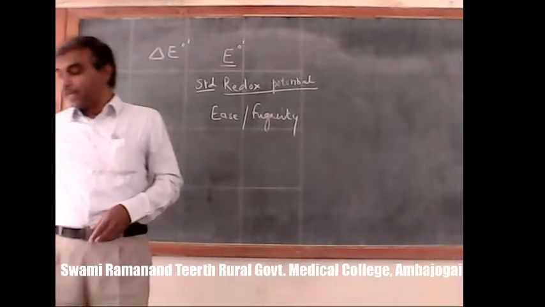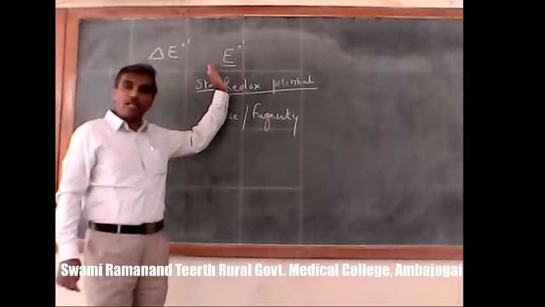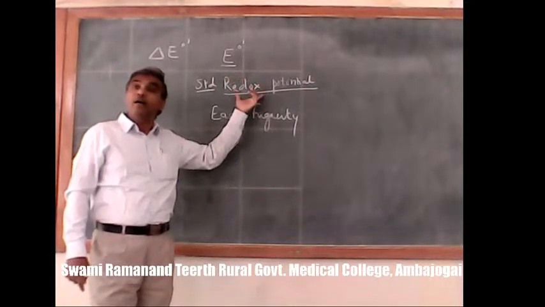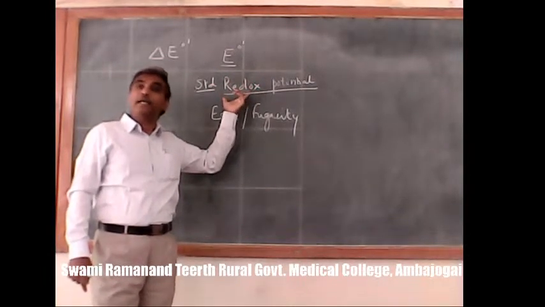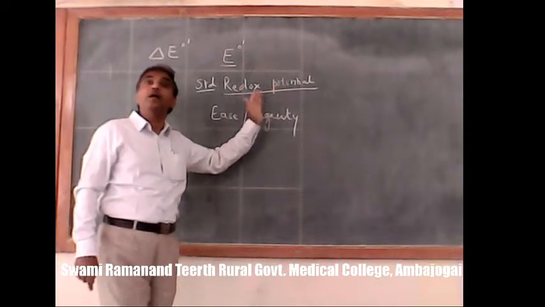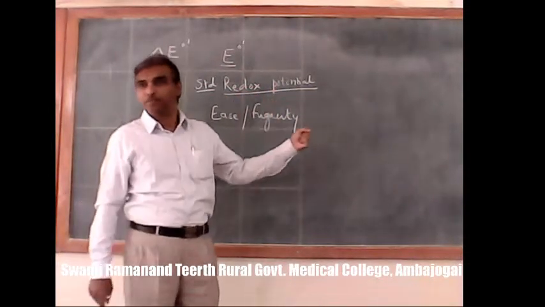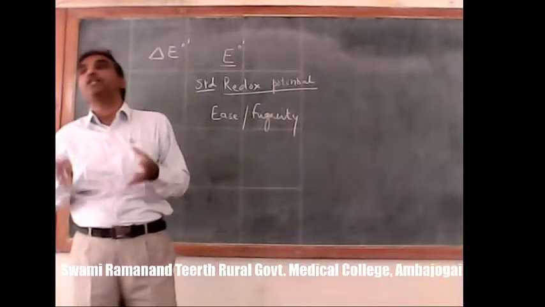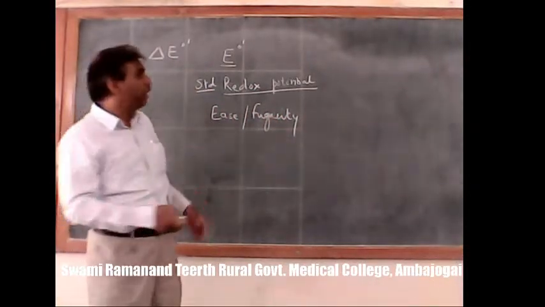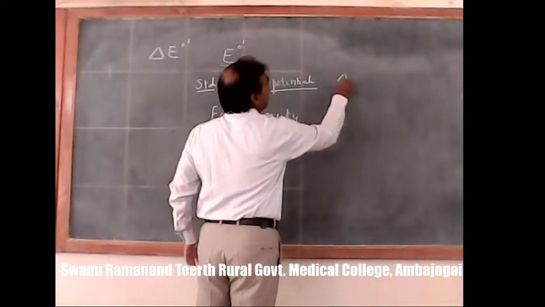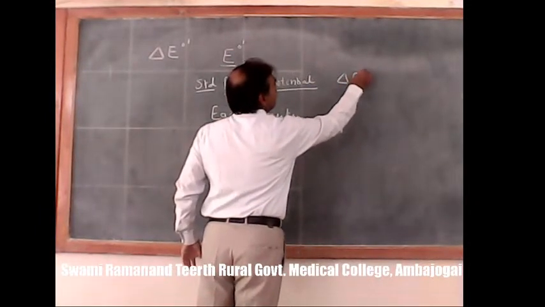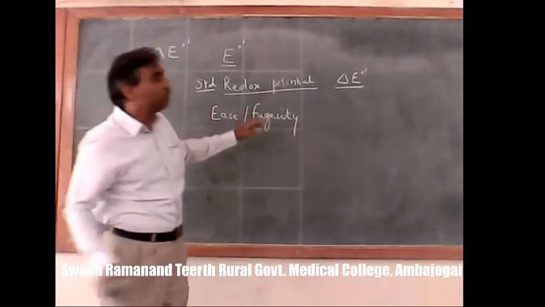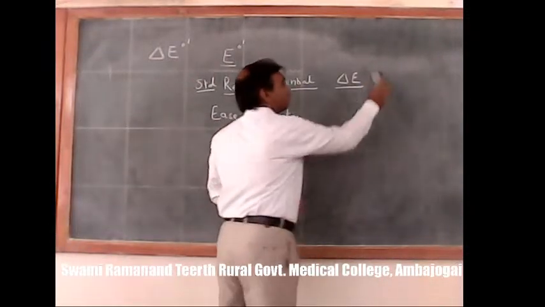So electrons are transferred from a substance having higher redox potential, which donates the electron, to a substance which accepts it, and the difference between the redox potential of the two substances is shown by delta E. So that is the difference.